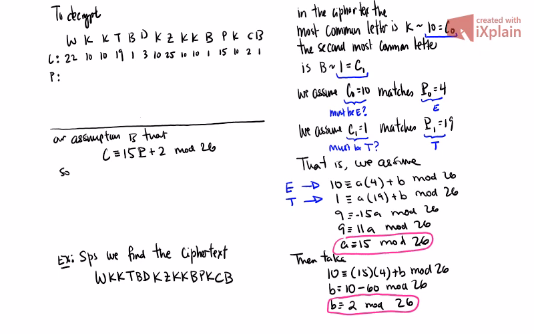So to decrypt, we subtract the 2. Let me write it this way around. The multiplicative inverse of 15 is 7. In other words, 7 times 15 is 1.